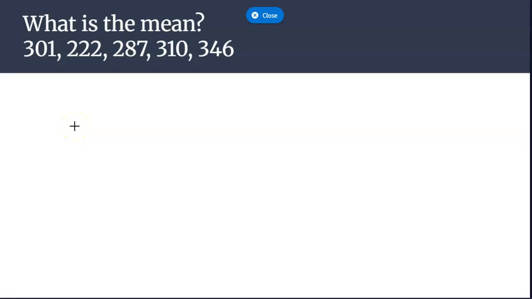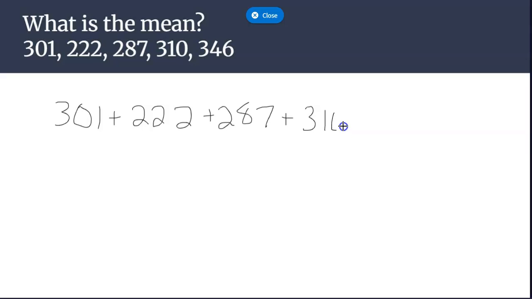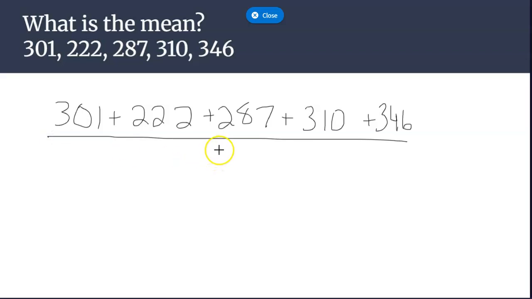This next set is 301, 222, 287, 310, and 346. To find the mean, as it's asking, we take all the numbers and we want to add them together. Get them all written down here. All right, we're going to add them together, and then we divide by the number of numbers.